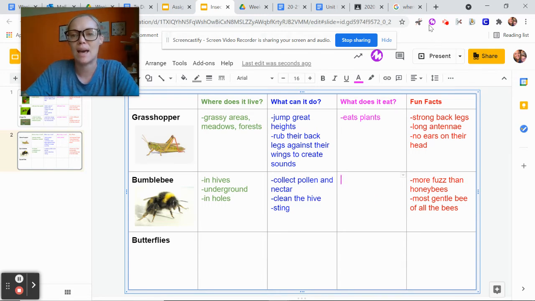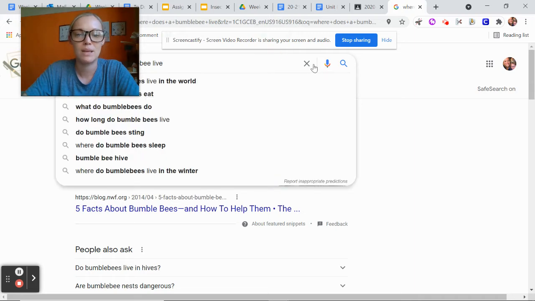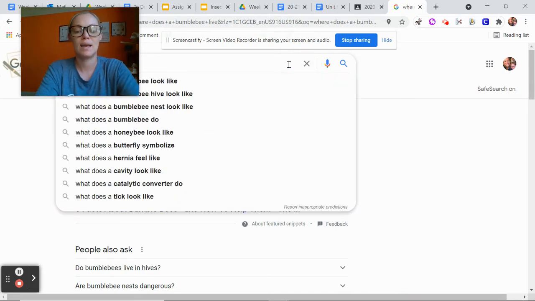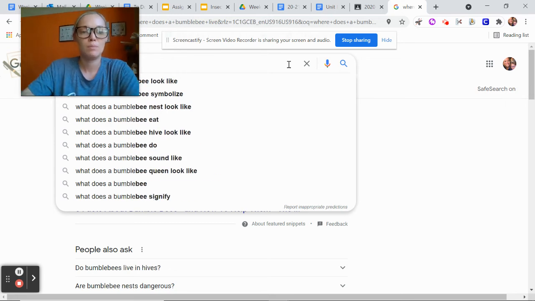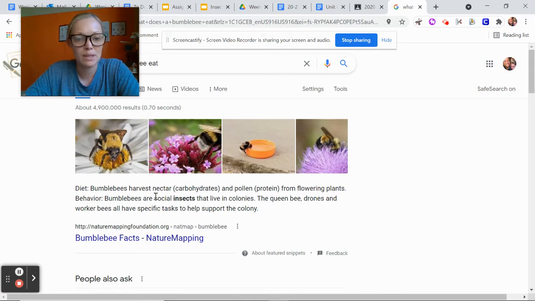Now, what does it eat? I can go over here and do the same thing. I can type in, what does a bumblebee eat? And bumblebees harvest nectar. Oh, it did say that in here. They harvest nectar and pollen from flowering plants.